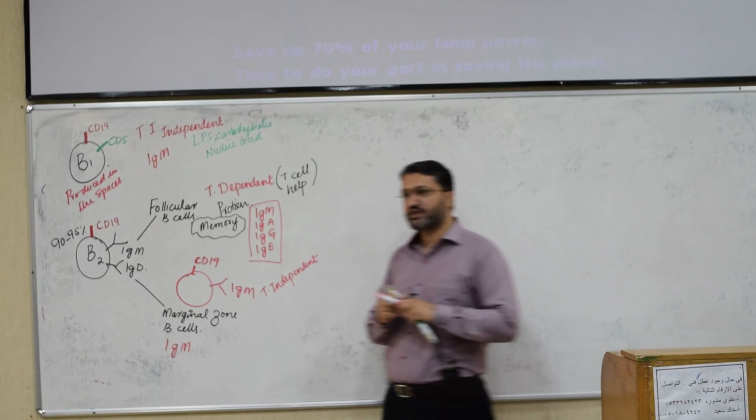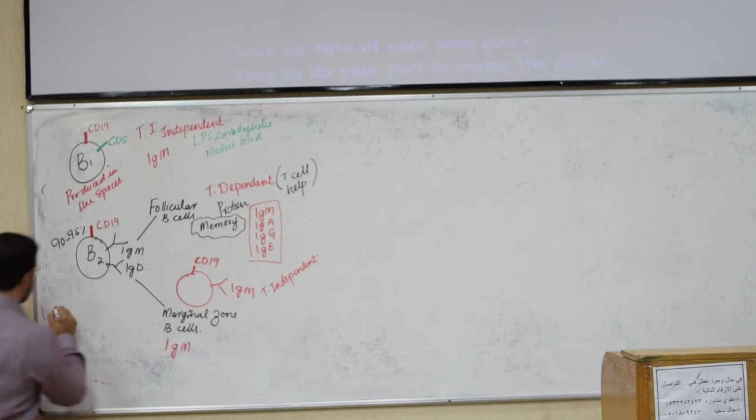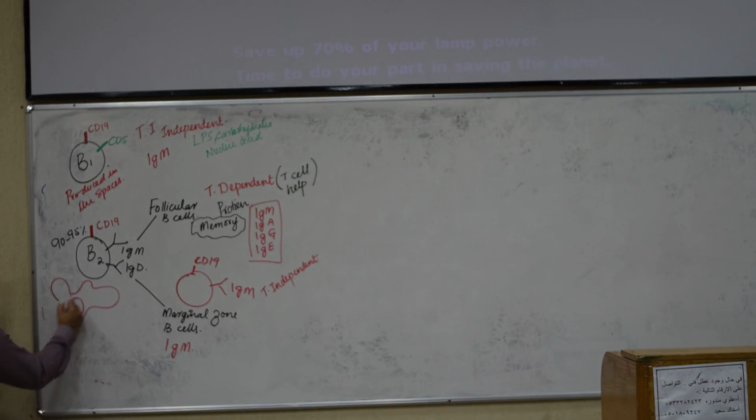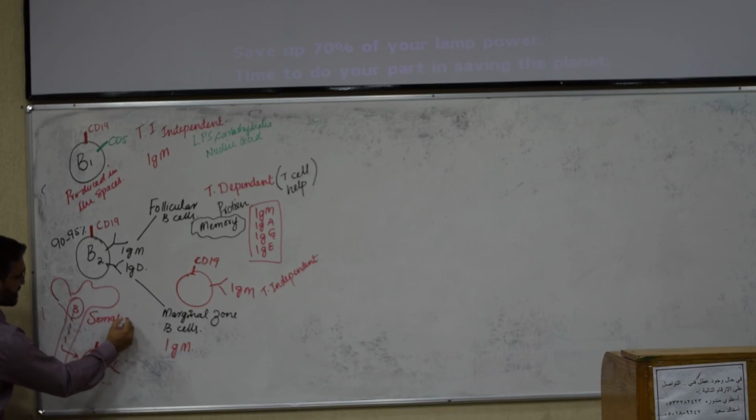Do you remember this word? In the bone marrow, when the B cells are maturing, from the immature stage they finally come out as mature B cells with IgM, IgD and CD19. During this phase, there is something called somatic recombination.